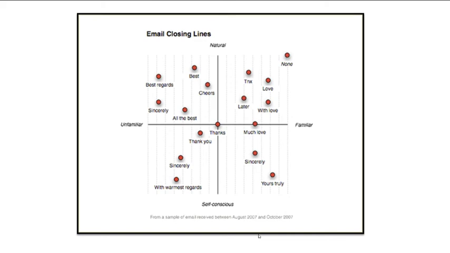Whereas some of the more familiar email closing lines, where you would have more familiar relationships with someone, you have things like love, with love, and later, and those are things that you'd use with your friends and your family. And then the more unfamiliar closing lines are sincerely, best regards, all the best, and thank you.